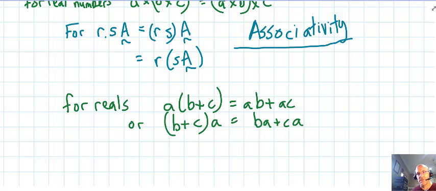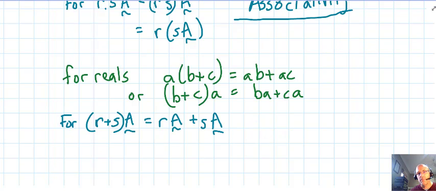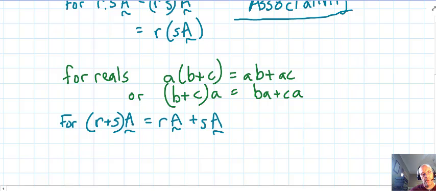We know that works with real numbers, but for matrices and scalars we may have seen, and if not we will see, that two scalars r plus s distributed over matrix A gives rA plus sA. So that's distributivity over addition.